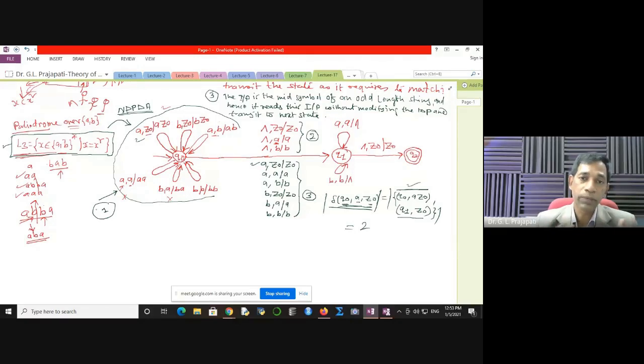Deterministic context-free languages are a proper subset of context-free languages. So you can observe that the power of NDPDA is more as compared with the DPDA.